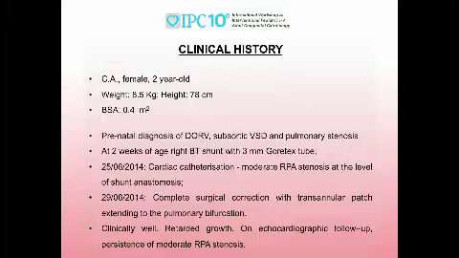In June 24, cardiac catheterization showed moderate RPA stenosis at the level of the shunt anastomosis. The baby underwent surgical repair with a transannular patch extending to the pulmonary bifurcation.